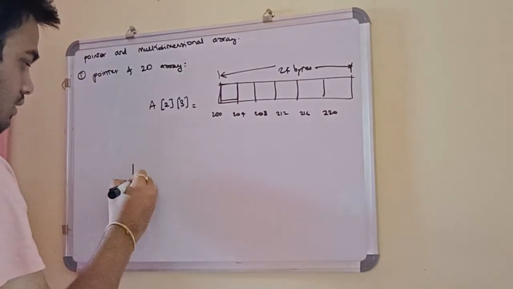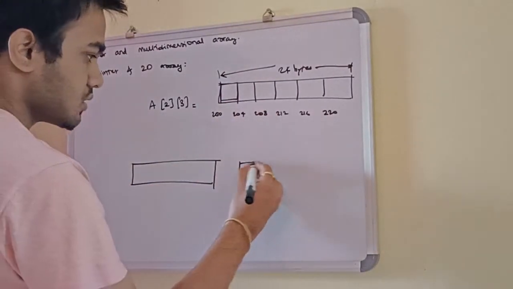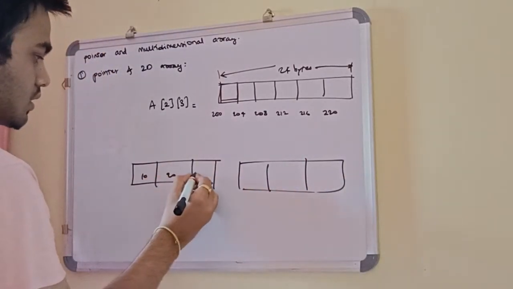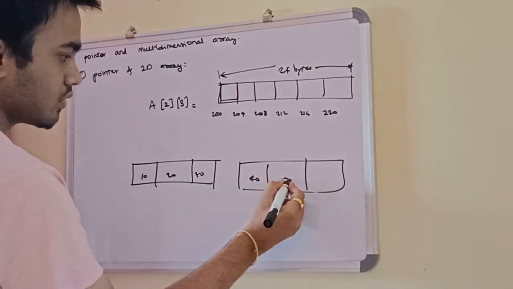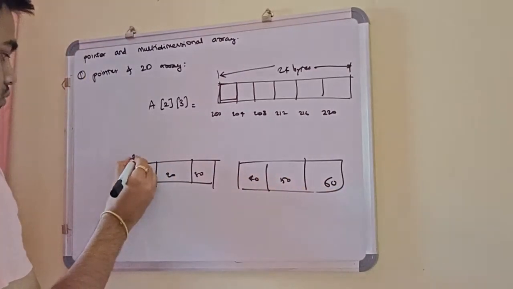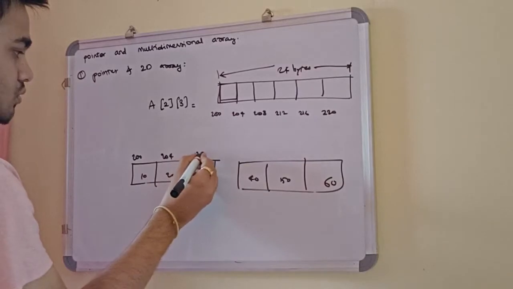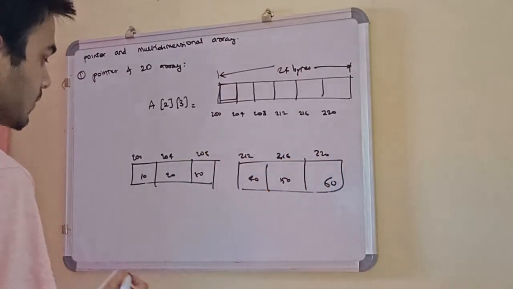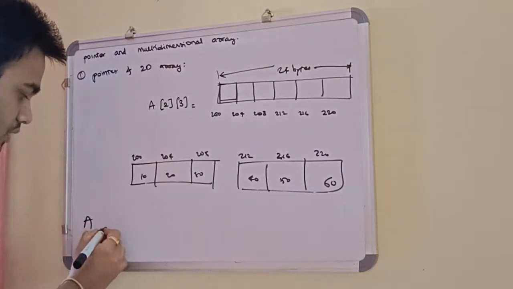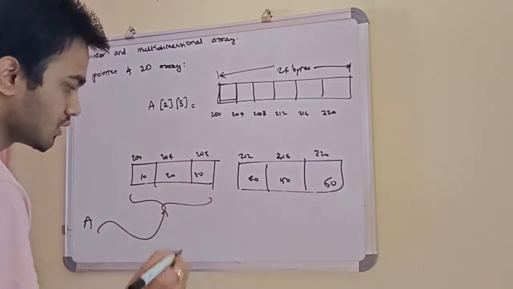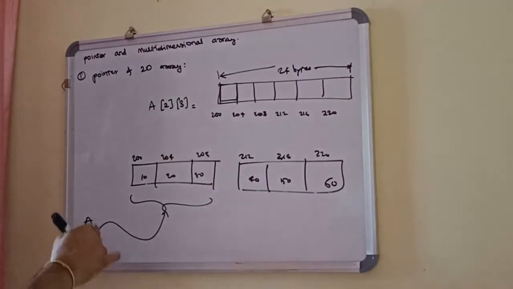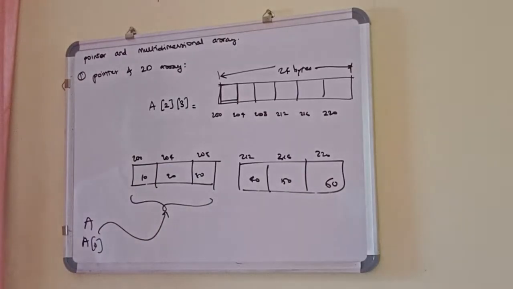So if it is 10, 20, 30, 40, 50, 60, at 200, 204, 208, 212, 216, 220, then a represents this complete 1D array, or a of 0 also indicates this complete array.